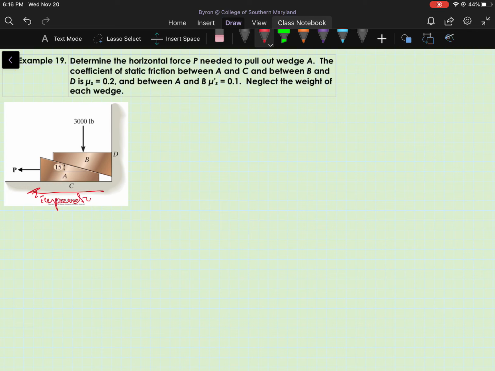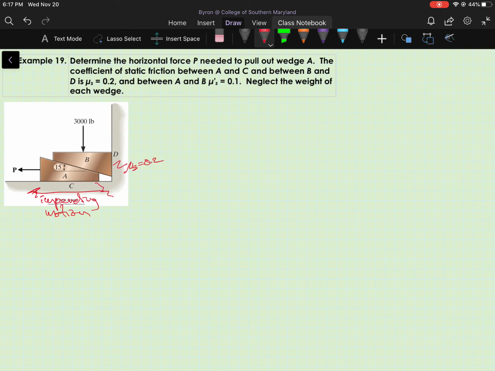with impending motion to the left, and they gave us the coefficients of static friction necessary, so let's put those on here so we have them. So between B and D, I have mu sub s equals 0.2.